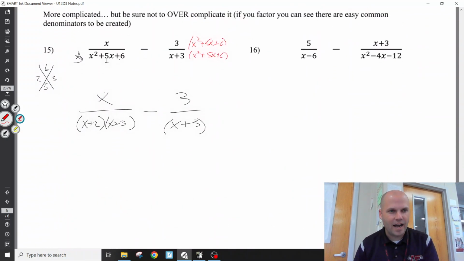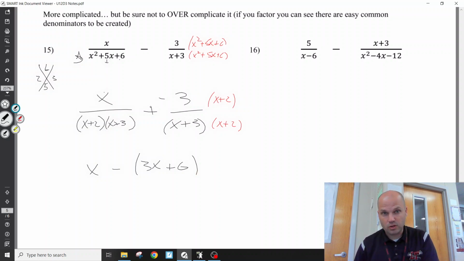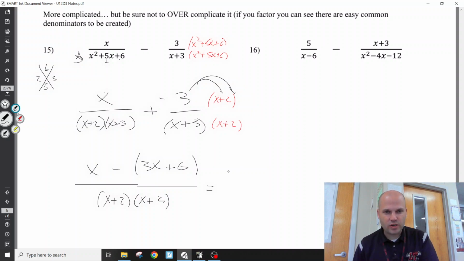So here I can realize that all this term needs is an x plus 2. And then I have x minus 3x plus 6. You can also distribute this negative and do negative 3x and negative 6. It's up to you. And that's a common denominator, x plus 2, x plus 3. X minus 3x is negative 2x.